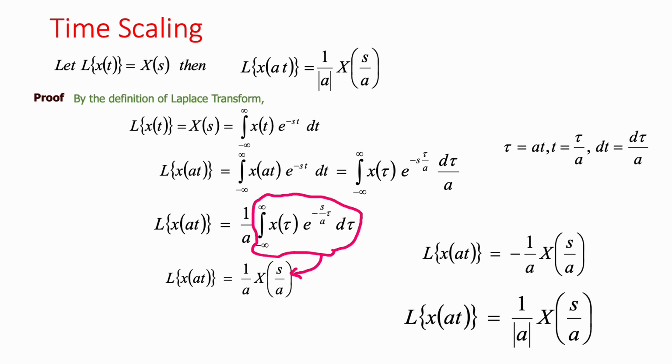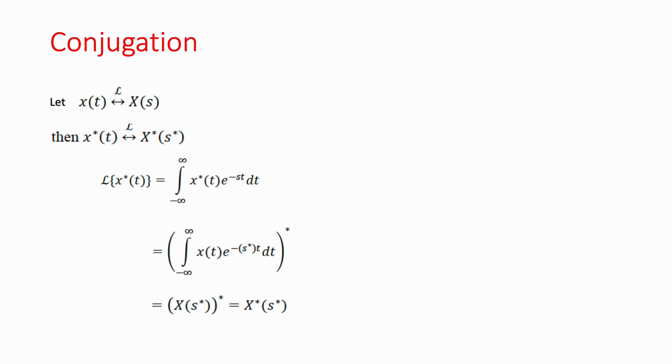If a is negative, the Laplace transform of x of minus at equals minus 1 by a times X of s by a. So combining both, we can have this modulus. So x of plus or minus at can be written as 1 by modulus of a times X of s by a. The next property is the conjugation property.